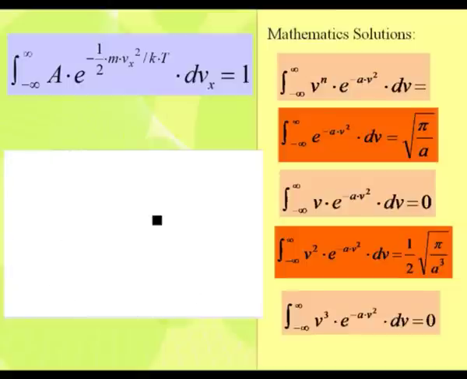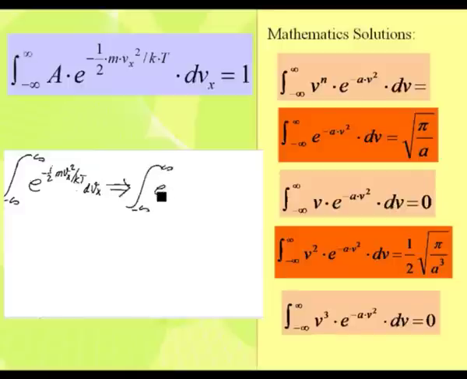Let's have a look over here. Let's say it is written like this: the integral of e to the power of minus m Vx squared per kT dVx, and we can write it as e to the power of minus A V squared dV.